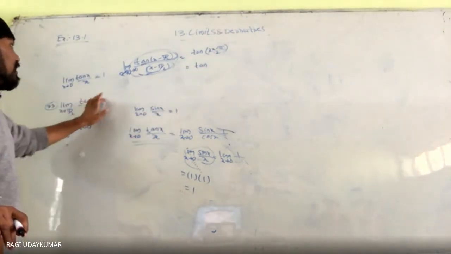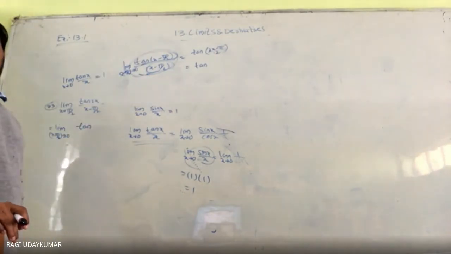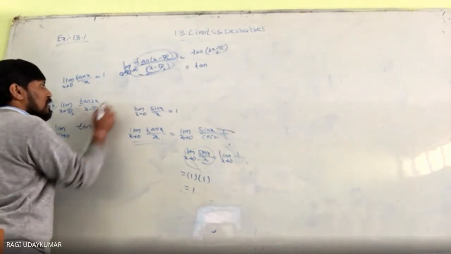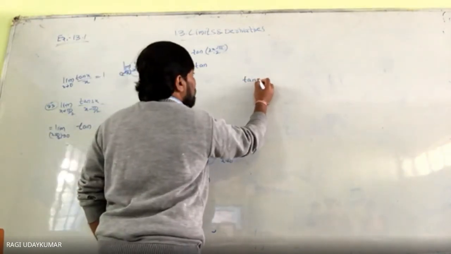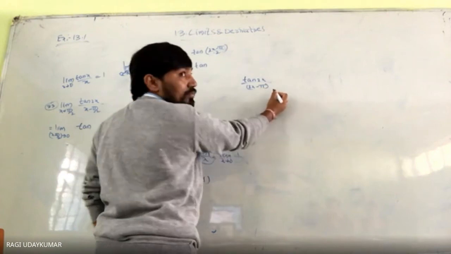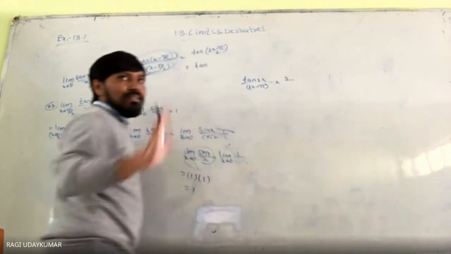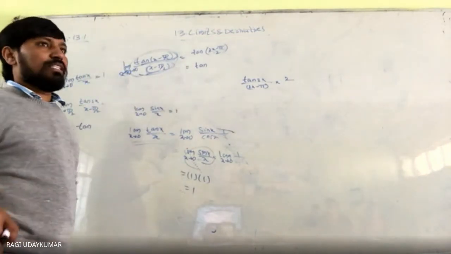Can you transform this one into that form? No, we cannot transform. So can you transform this into 2x minus 5? You think about it. Tan 2x by 2x minus 5 by 2, by 2, so 1 by 2 separate. Now tan 2x, either 2x minus 5.